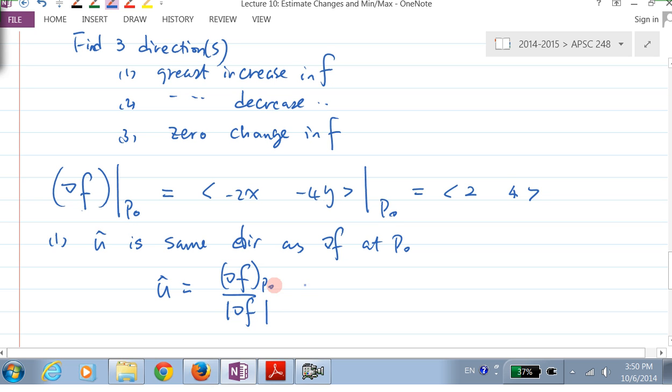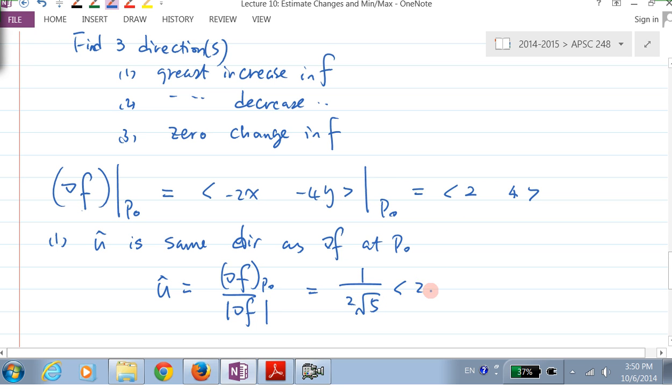So normalize this. 2 squared is 4, 4 squared is 16, 4 plus 16 is 20, so it's the square root of 20, which is 2 square root of 5.